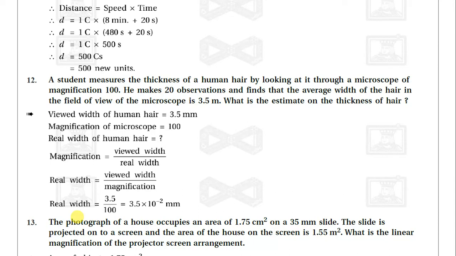The magnification of the microscope is equal to 100. So the real width is the viewed width divided by the magnification. The viewed width is 3.5 divided by 100. So we get the value 3.5 into 10 raised to minus 2 millimeter.